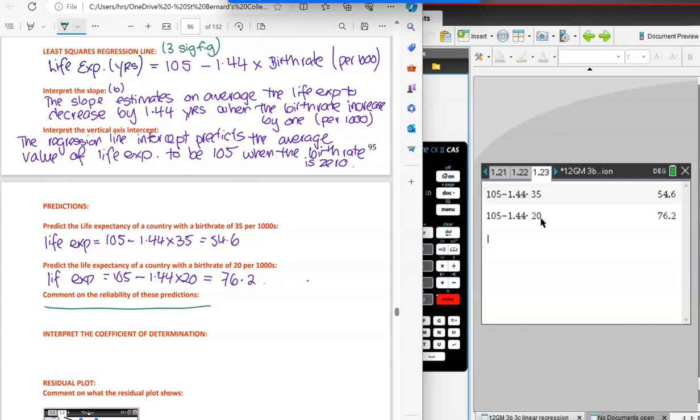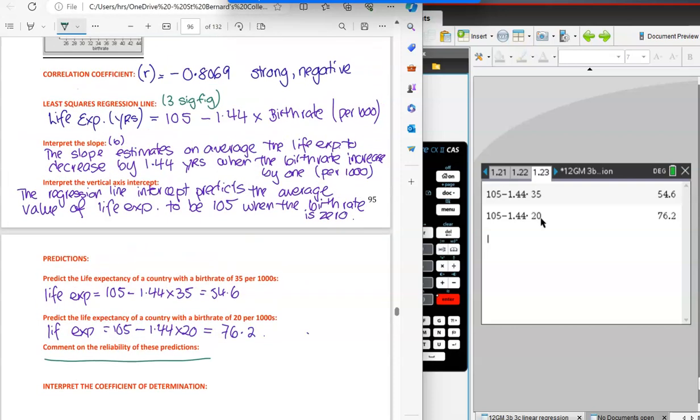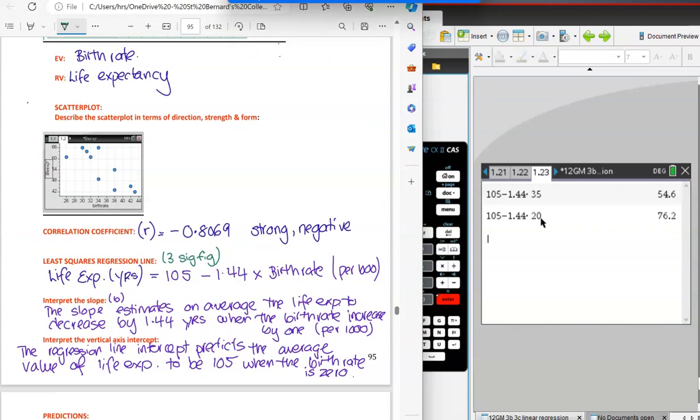So now it's saying comment on the reliability of these. So what we said before, if we go back to the original data, or you can even just look at the scatter plot, the smallest X value was 26 and the largest X value was 43. Any predicting in between those two numbers is interpolation, and anything outside of it is extrapolation.